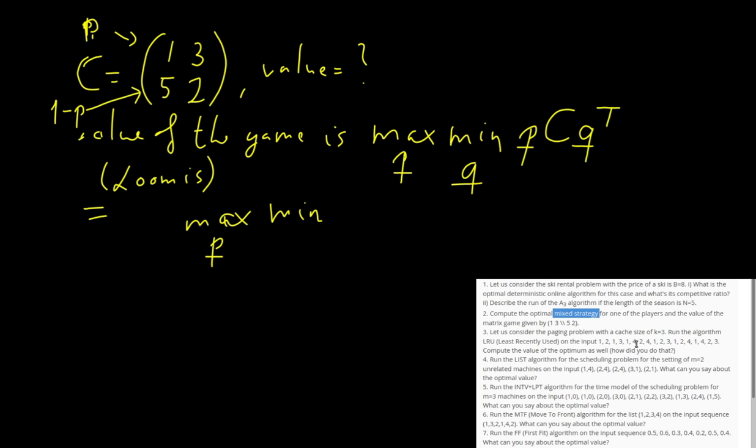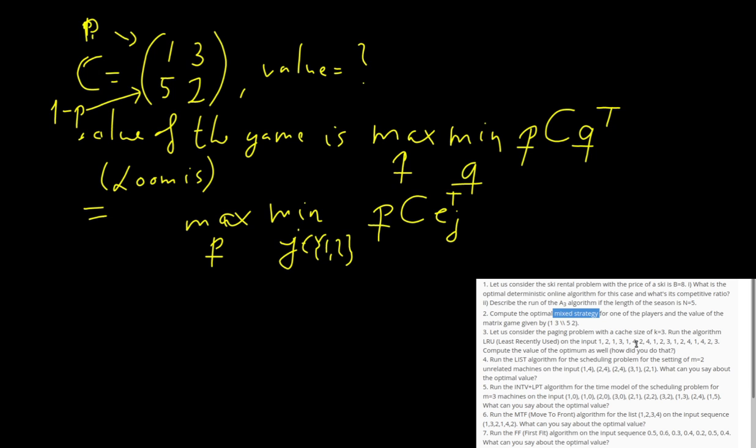But for the minimum we don't have to consider all the possible q's, but only those j's which are in either 1 or 2, because the column player will play either the first or the second column according to some pure strategy, which is the best counter strategy for a fixed p. And we just have to compute this p vector times C times the unit vectors transposed.